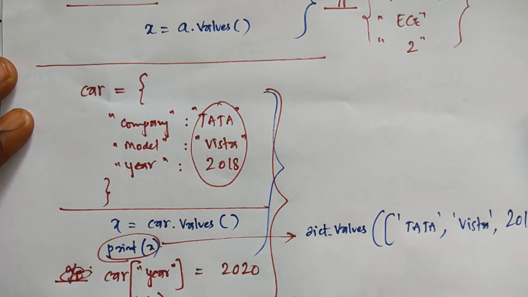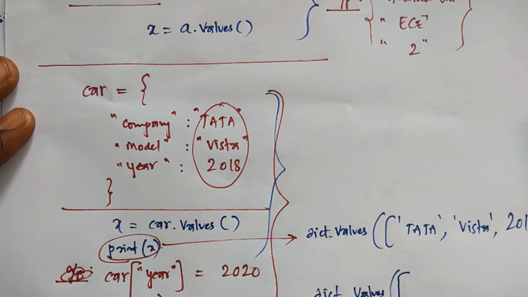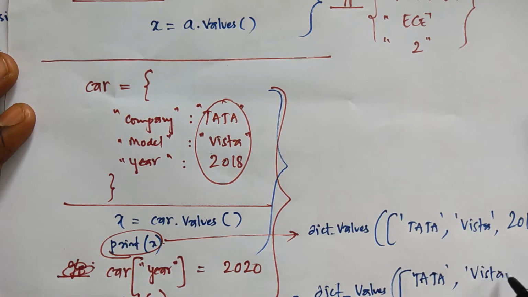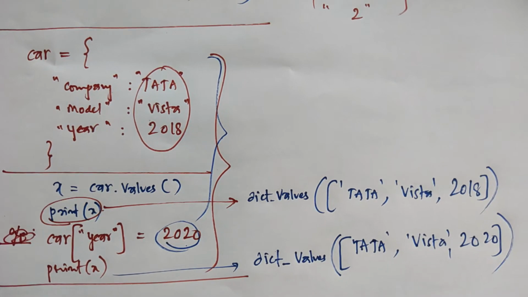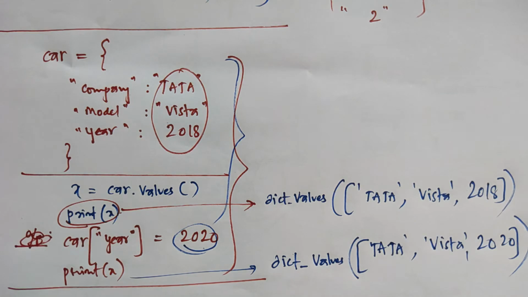For the second instruction you get dictionary underscore values again, Tata, Vista, and we changed the year to 2020. So this is the concept for get values.